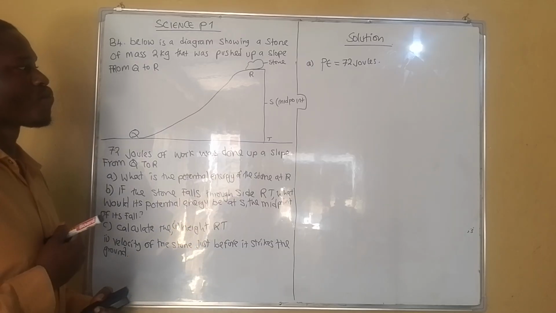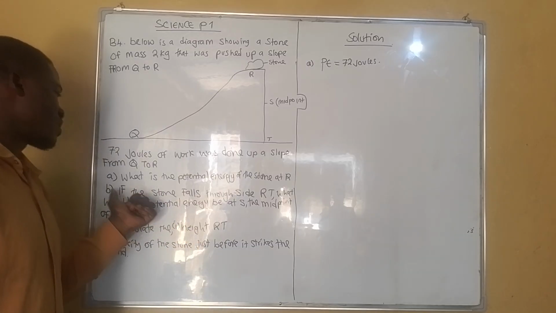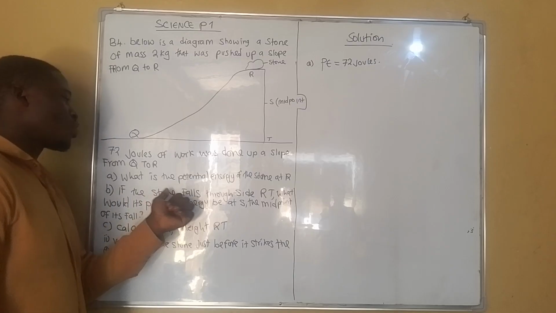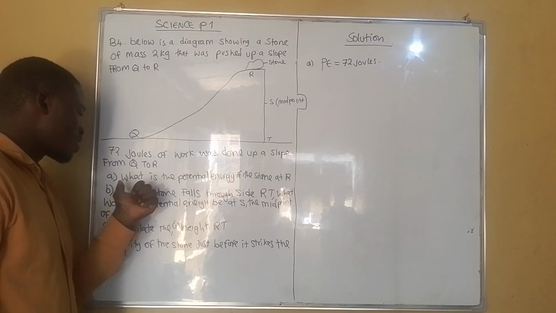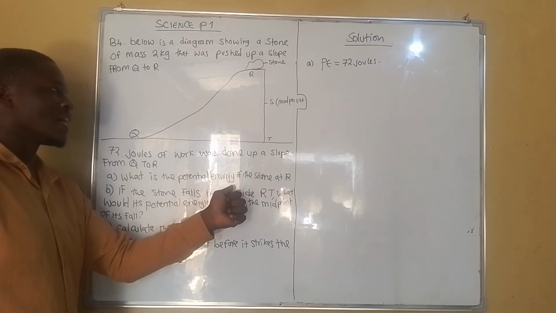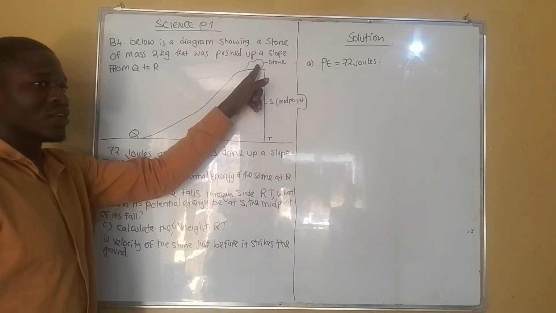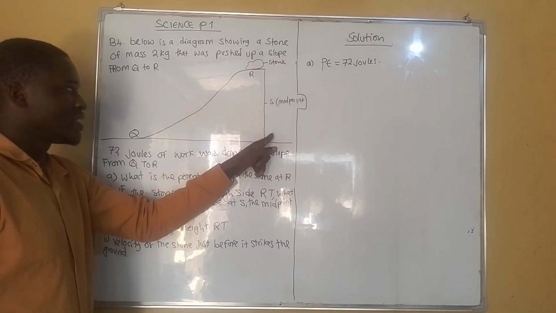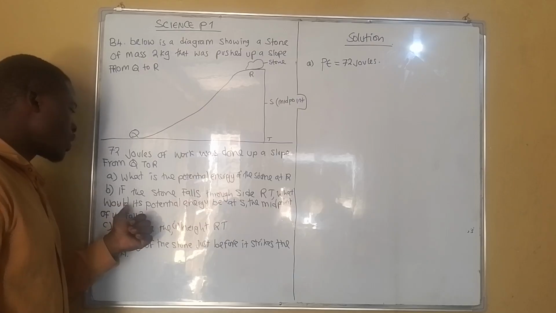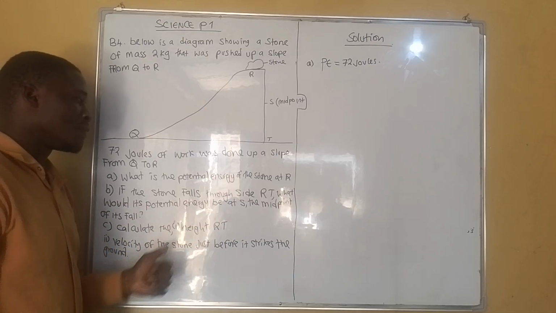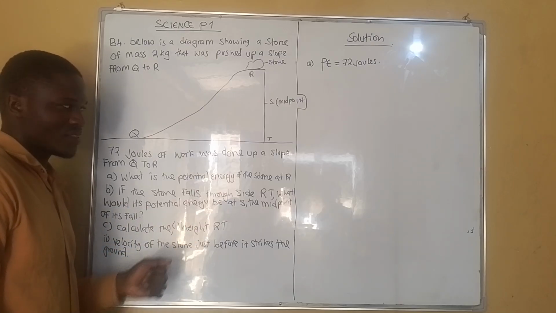Now, on B, if the stone falls through side RT, which one is side RT? This side, right? What would its potential energy be at S?